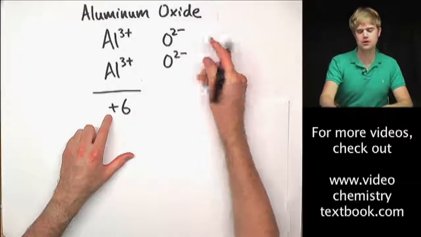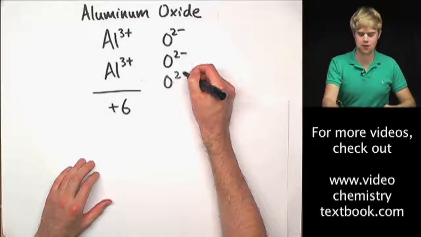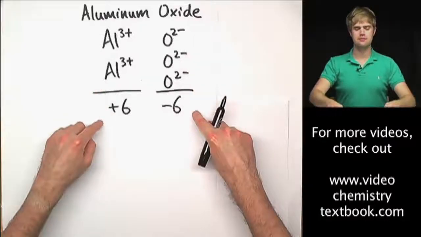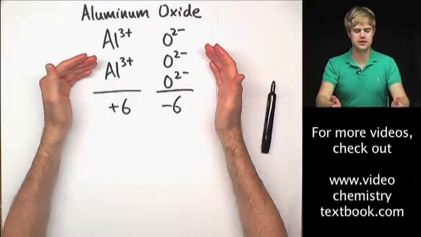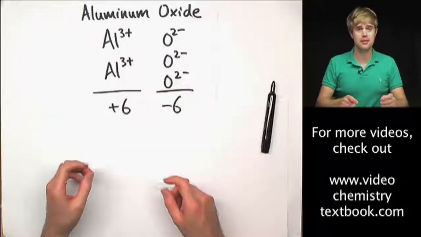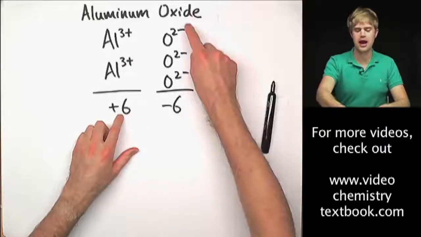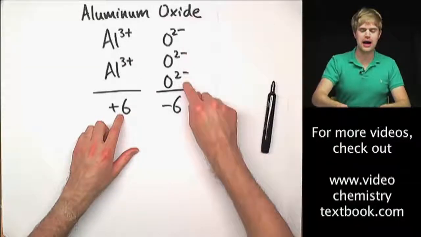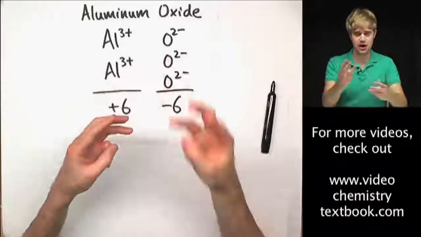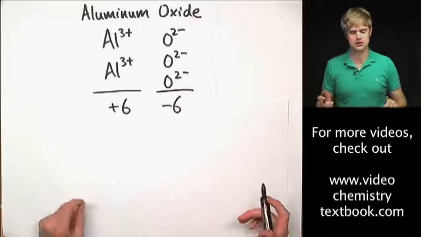I add 1 more oxygen, I have a total of 4 minus. And I add 1 more, I have a total of 6 minus. So this is how we balance out the charges in aluminum oxide, with 2 aluminum ions with 3 plus each, total of 6 plus, and 3 oxygen ions with 2 minus each, which gives us minus 6.